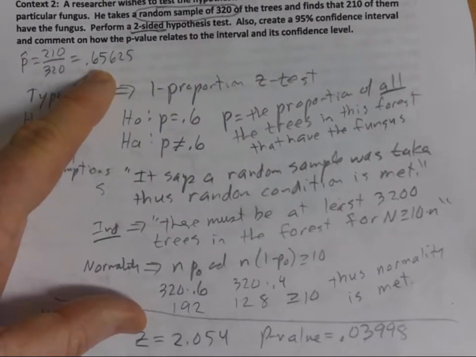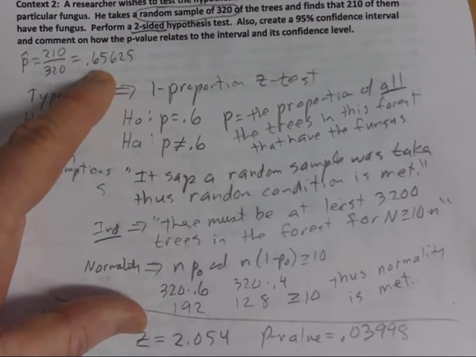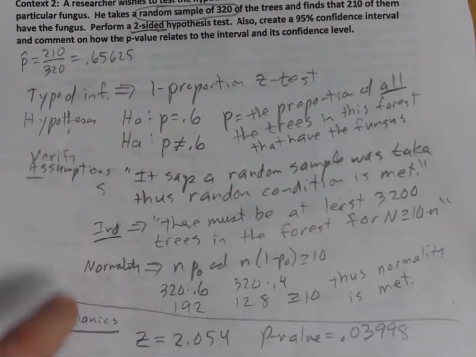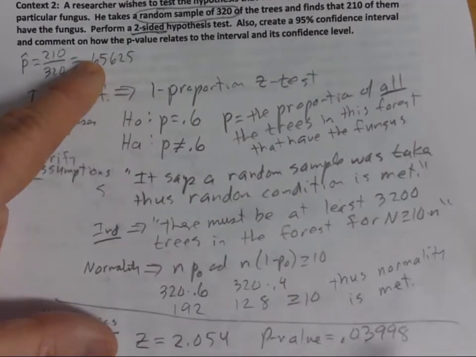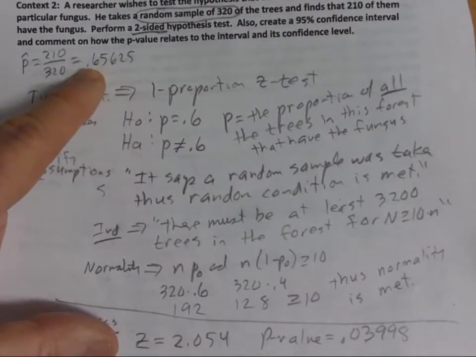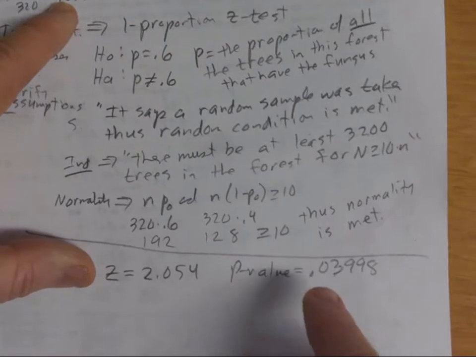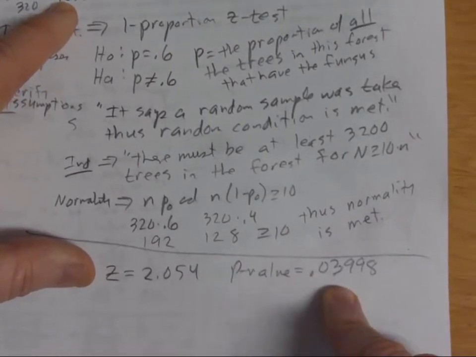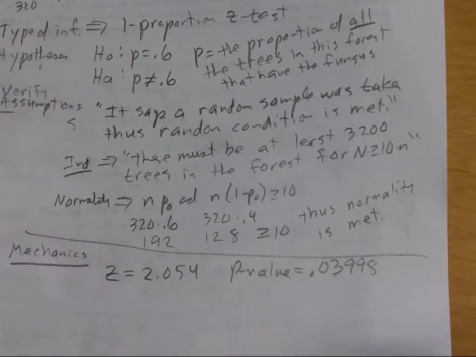You could also use binomial CDF on this as a binomial problem, but we won't talk about that. We're just using normal right now, and that's in essence what your calculator is doing. So this is a conditional probability of getting a sample value this unusual, assuming that the null hypothesis is true.